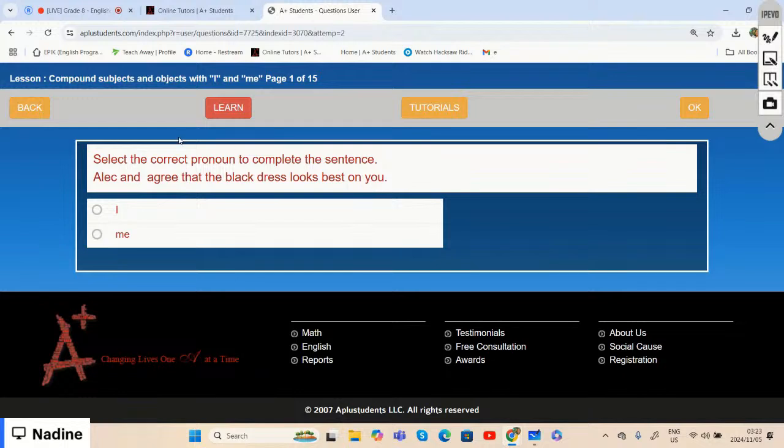All right. It says Alec and. Do you say Alec and I or Alec and me agree that the black dress looks best on you? Alec and I or Alec and me? Which one is correct?